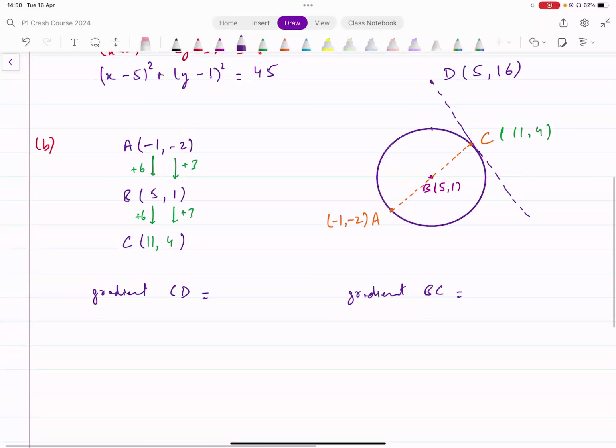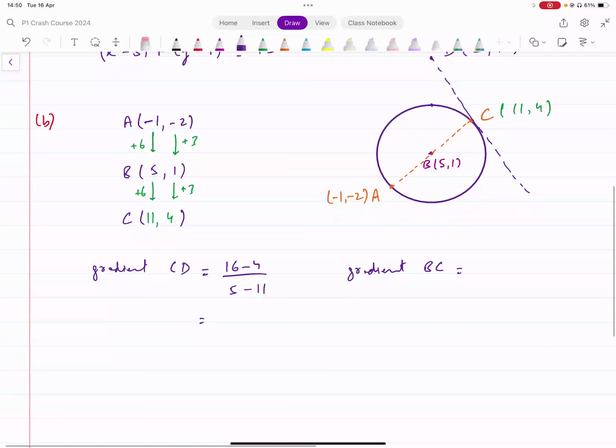Okay, CD has gradient (16 minus 4) divided by (5 minus 11). That will be 12 over -6, which is -2. Gradient of BC, that's (4 minus 1) divided by (11 minus 5). And that turns out to be 3 over 6, which is 1 over 2. So this gradient is 1 over 2.